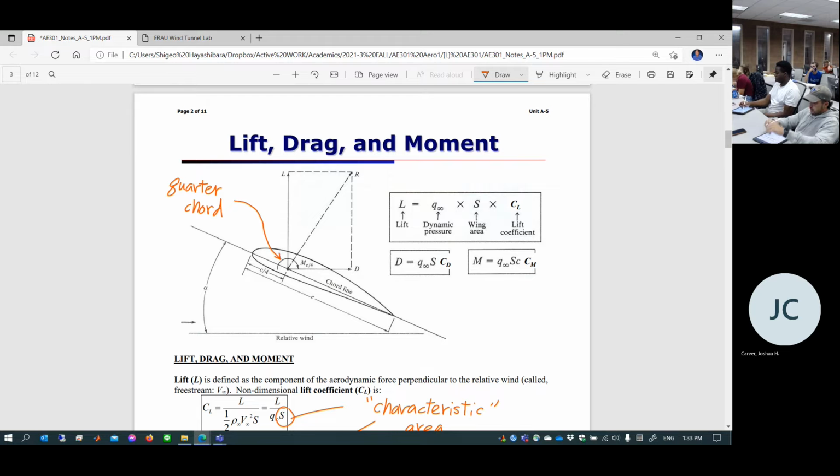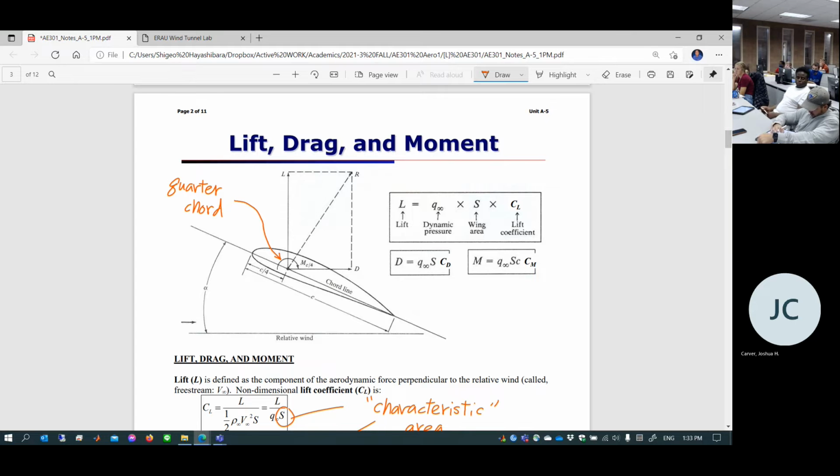Suppose you want to choose the half chord and then determine the moment developed at the half chord location. Is it going to be the same value? No. It's going to be a different value because the moment developed at each location is a resultant moment. It depends on the pressure distribution. When you pitch up and pitch down, the pressure distribution changes. That changes everything: lift, drag, and moment.